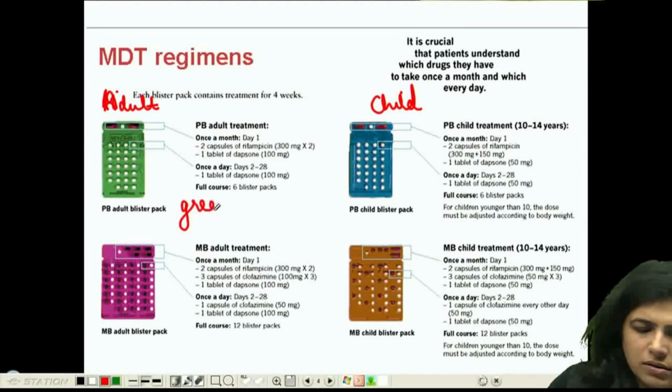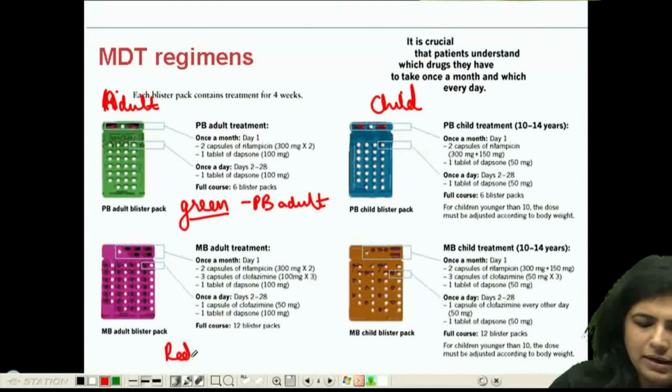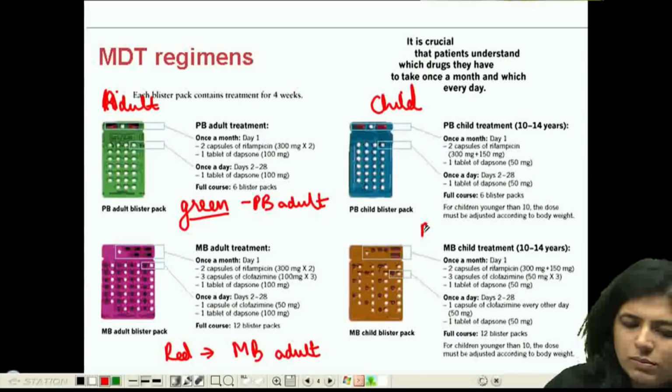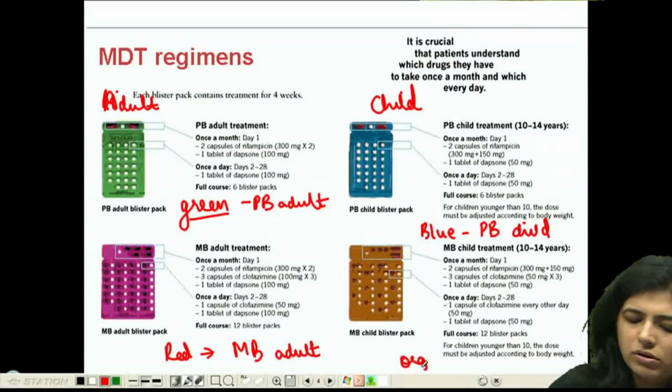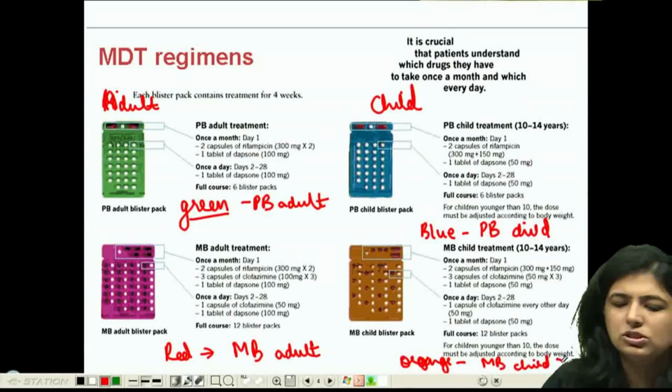So green is PB adult, red is MB adult, and similarly blue is PB child and orange is MB child.